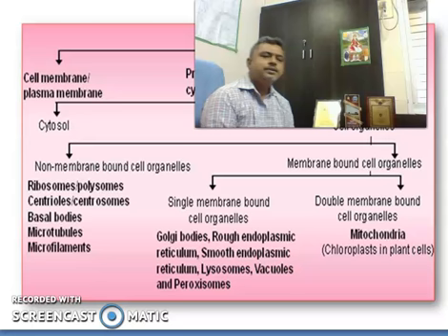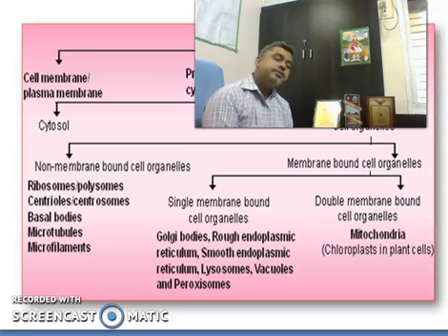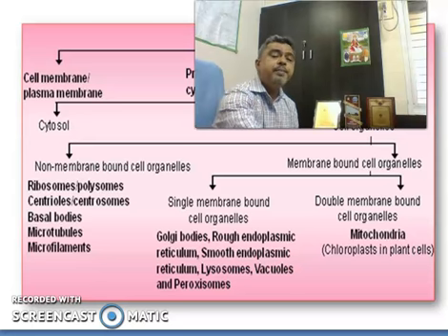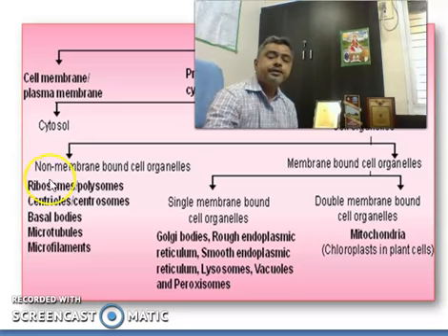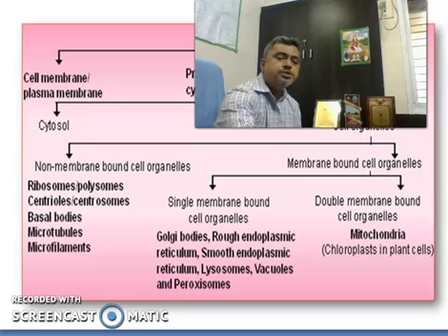Yes, chloroplast in the cells is also a double membrane bound cell organelle. I will repeat that in the next two or three PPTs too, but we will continue with the lipid bilayers. So this is about the cell organelles.